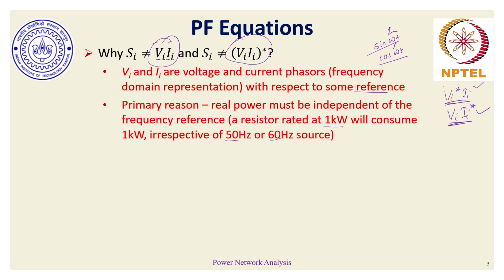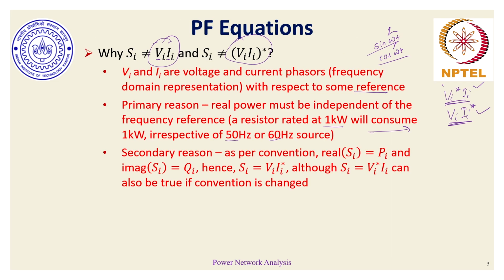The bulb, no matter whether it is connected in India or the US, will still consume 1 kilowatt if the voltage is 230 volt, which was its rated voltage. So that gives another example of why the average power in actual quantities needs to be time invariant, and that's how the notion of rated power or rated quantities or rated MVA is defined. So one of these combinations has to be true, which is the conjugate present over here.